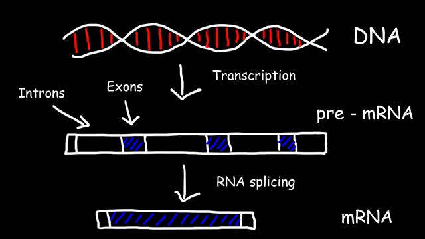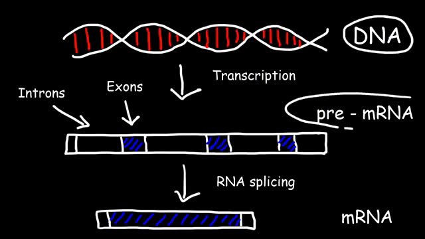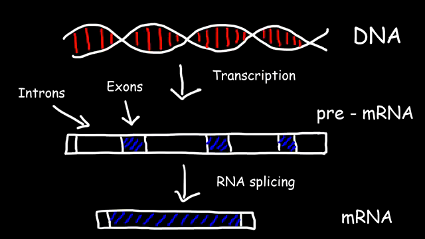At the end of the termination step during transcription, DNA has been used to create a pre-messenger RNA strand. Now, this particular strand has something known as introns and exons. Introns are basically longer sequences of nucleotides that do not code for anything.